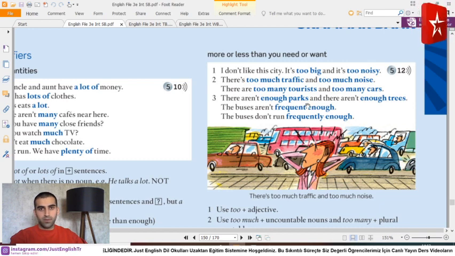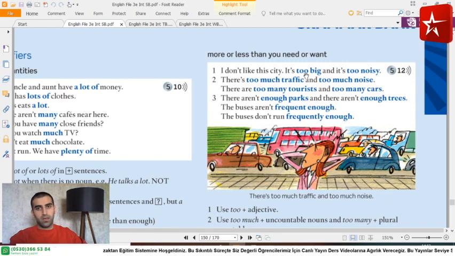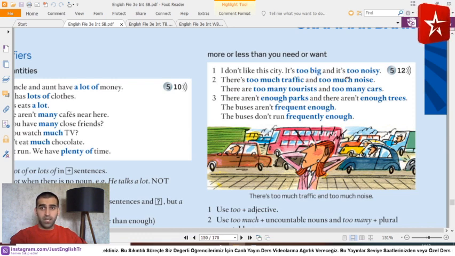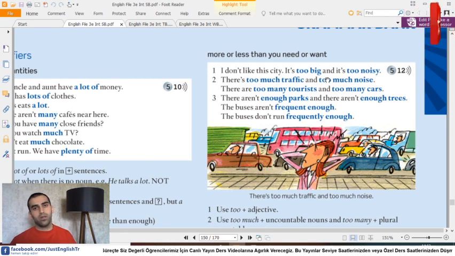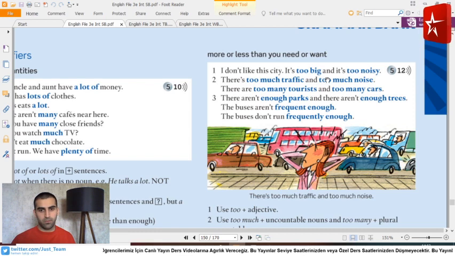Let's start from number one. I don't like this city. It is too big and it is too noisy. As you see, we have two adjectives here. We have big and noisy, two adjectives. We can say the city is big and noisy, right?